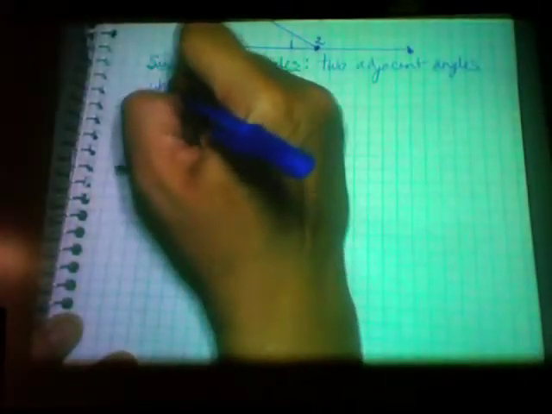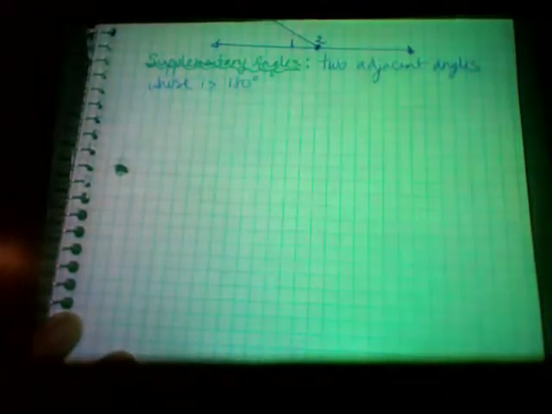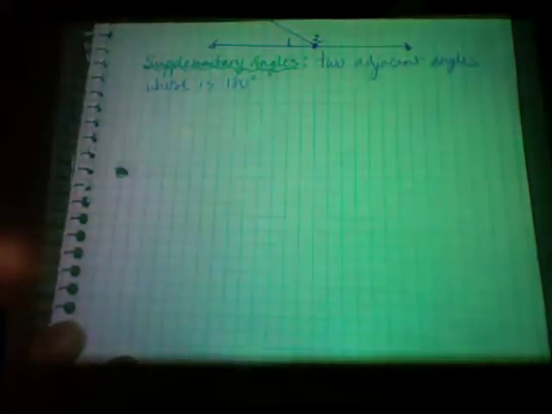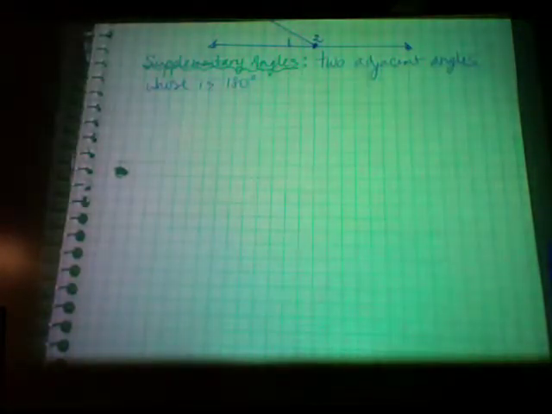The technical definition for supplementary is two adjacent angles whose sum is 180 degrees. So it looks slightly different than the linear pair definition, but they look the same, don't they? The angles themselves will look the same.